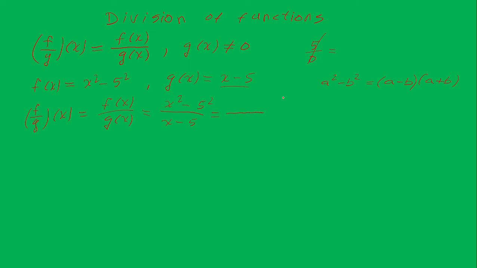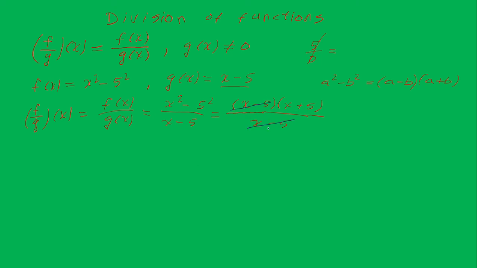Okay, so in our case, x is a, 5 is b, so this is actually x minus 5, and then the second part has a plus, so x plus 5. And then we still have x minus 5 here. Now what we should observe is that since this is multiplication, this can actually divide out, right?